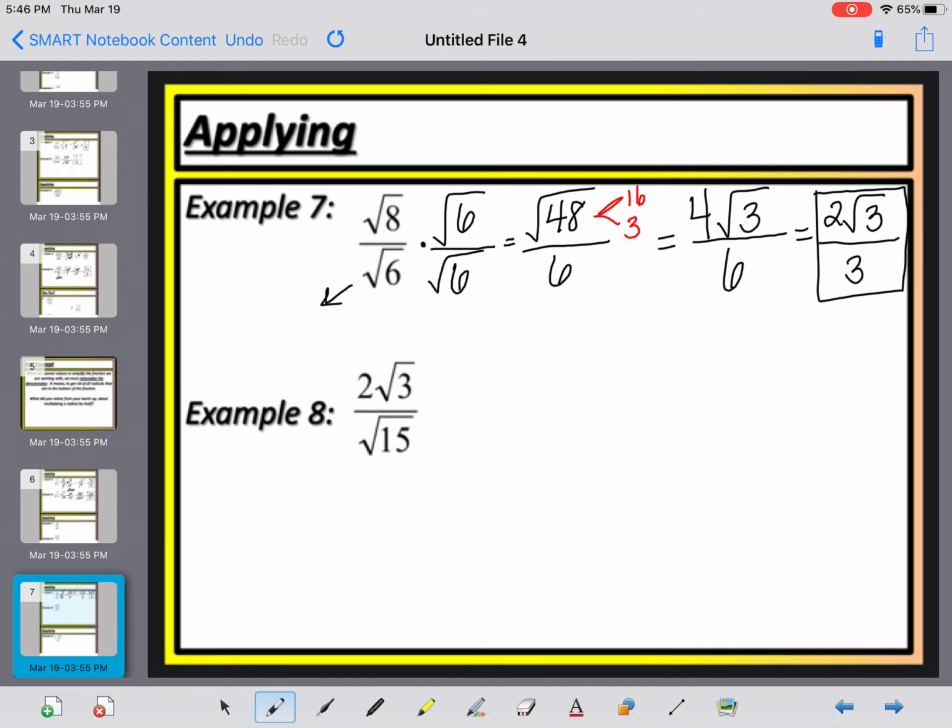Now, if you wanted, from the beginning of this example, you could have briefly put the 8 and the 6 back inside the same square root and reduce your fraction first. Okay, dividing both of those by 2.